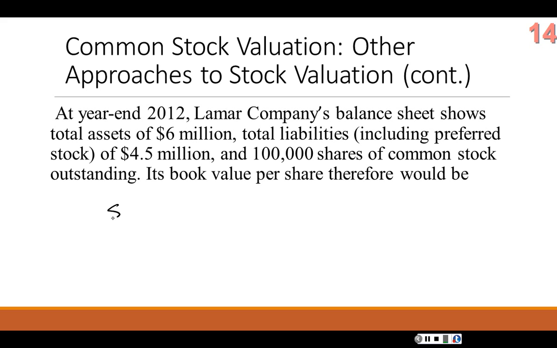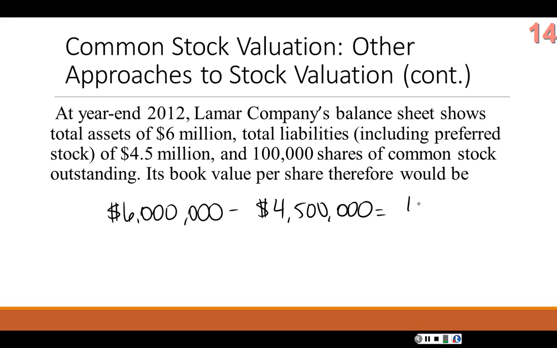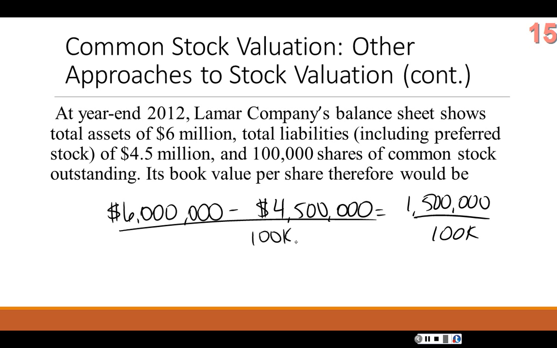If we have $6 million in assets, and we subtract off the liabilities, the $4.5 million, we're left with $1.5 million. And we divide that by the shares of common stock outstanding to give us $15 per share of common stock.